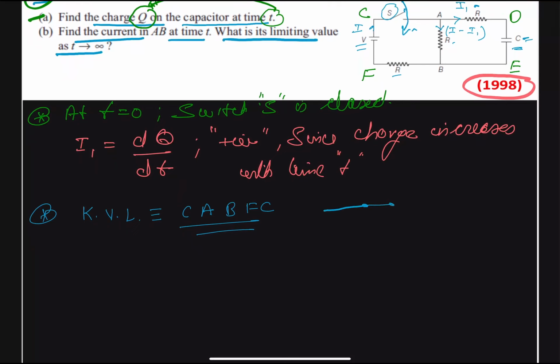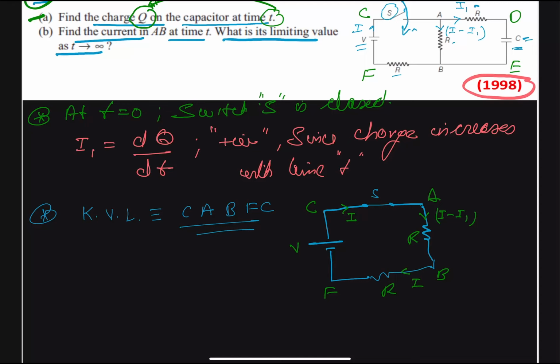This is a switch S which is closed right now, and resistance, we have an EMF, and there is another resistance here. So current that is flowing here, it is of I. This is EMF, resistance R. Current flowing through here is our I minus I1, and current through this is our C, A, B, F, and this is our R, and current through here will be also equal to our I.